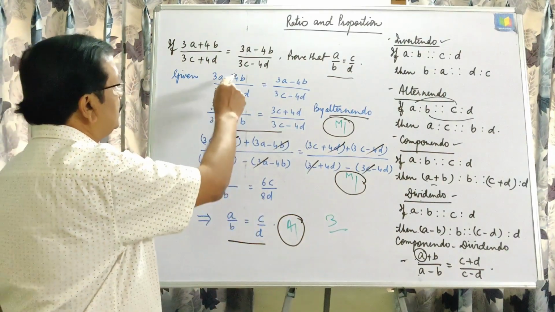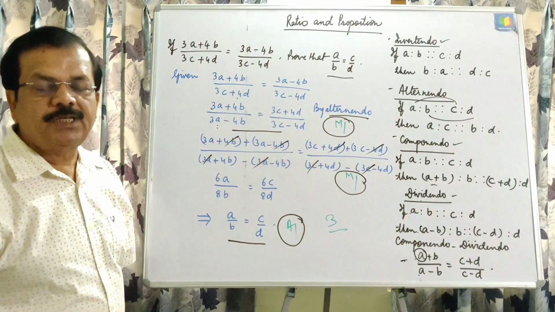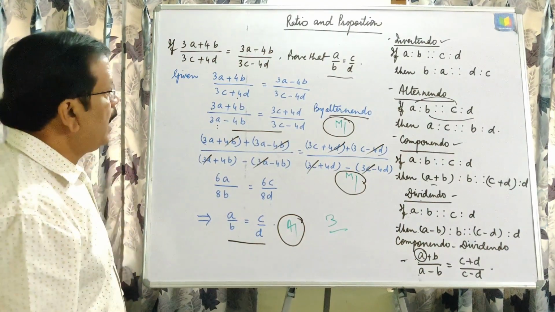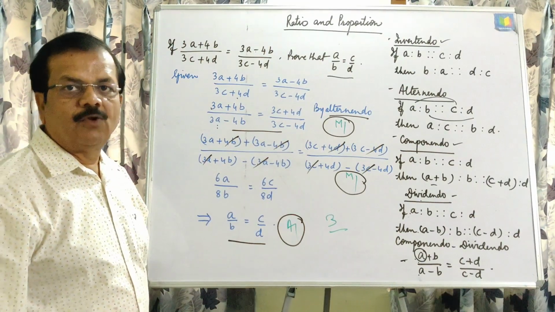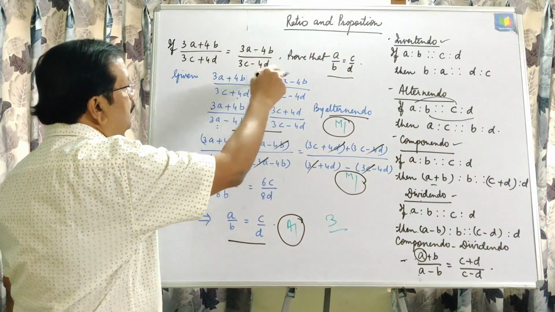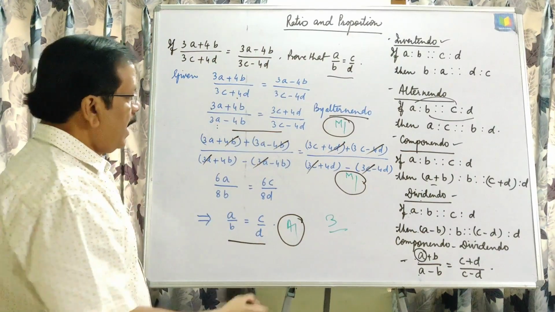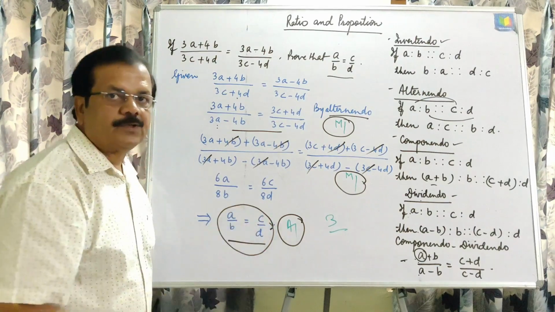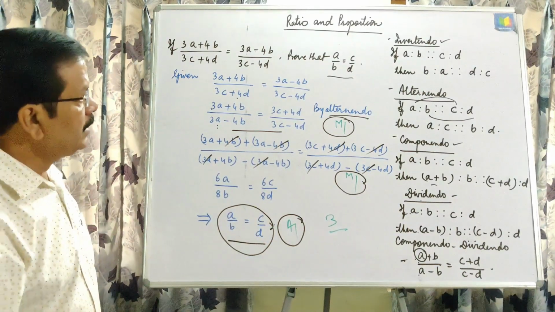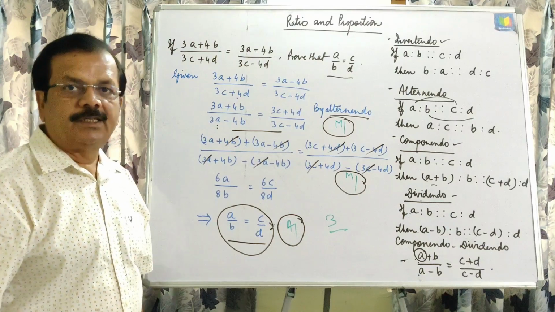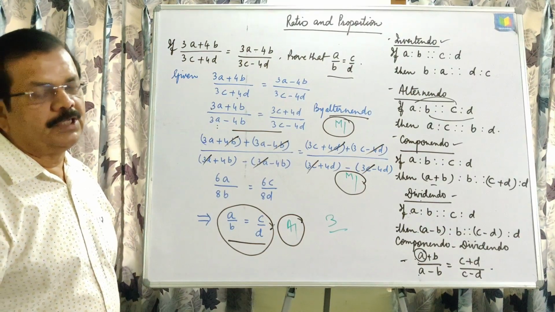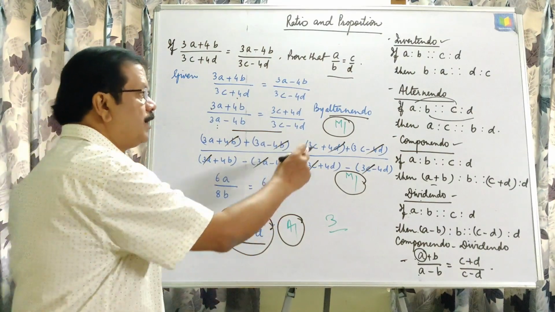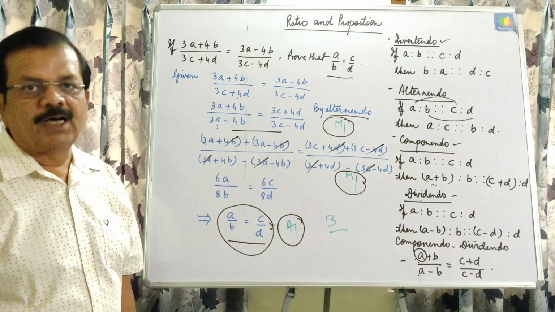If in your question you are not asked to use the properties, then you are free to use your own way, as you were doing traditionally in lower classes, by simply cross multiplying, and then simplifying. You will get this again, and then also no marks will be deducted. But if you are asked in the question to use the properties of componendo dividendo or the property of proportion, then you must use the property, otherwise no marks will be given.